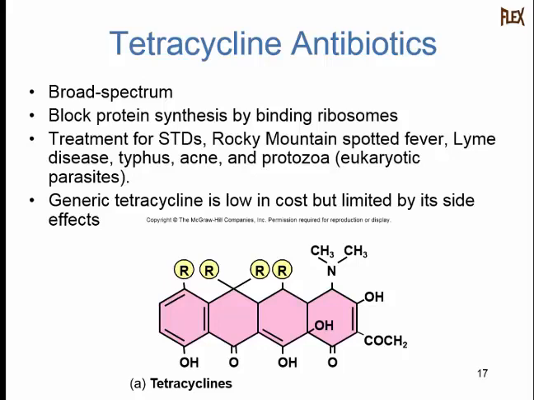Those can be treated with tetracyclines because the ribosome is so similar between prokaryotes and eukaryotes. Cost is very low. It does have some toxic side effects. So tetracyclines have side effects in the patient. And so broad spectrum, meaning it's going to act not only on gram-positive and gram-negative, but actually on prokaryotes and eukaryotes.